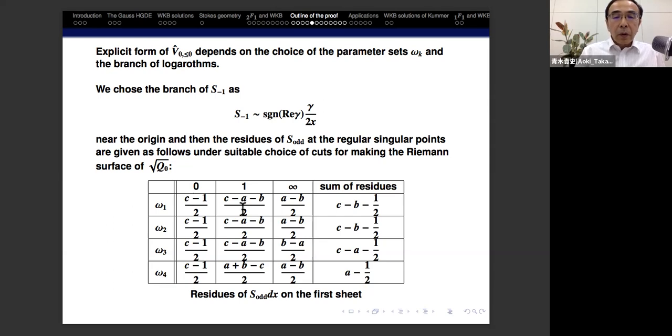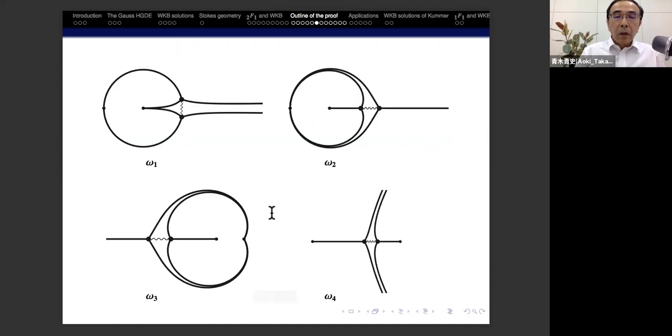Of course, to compute these residues, we need to put a branch cut, and the branch cut is given by a wavy line.